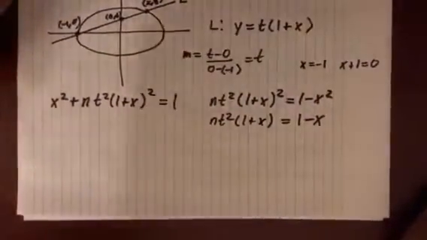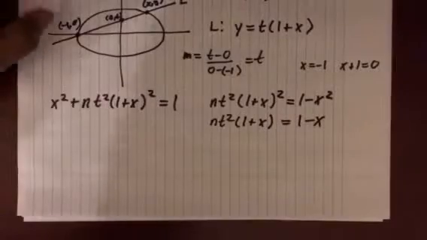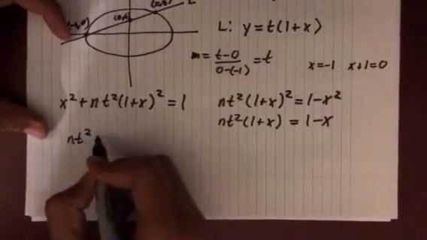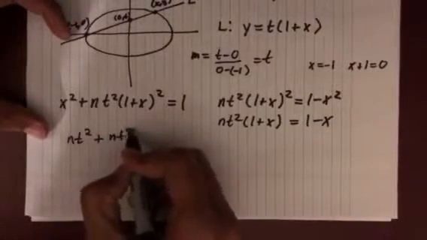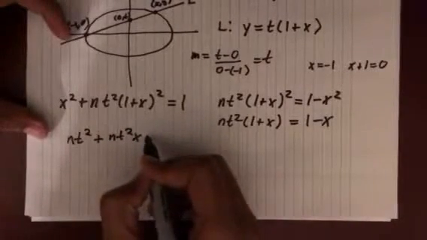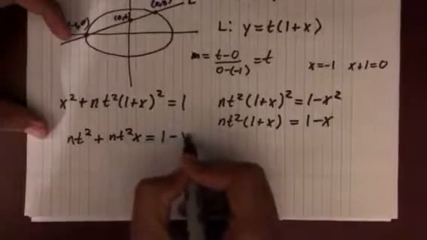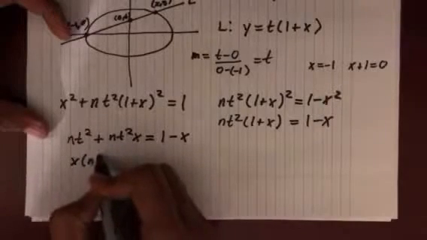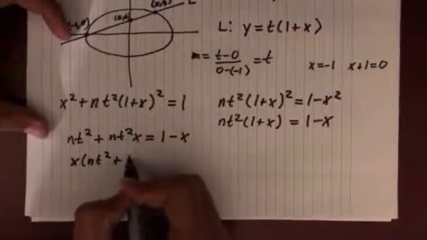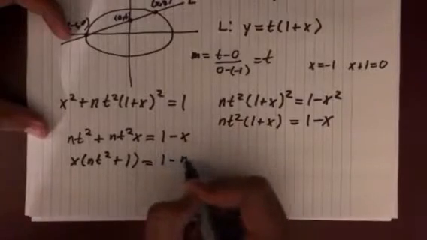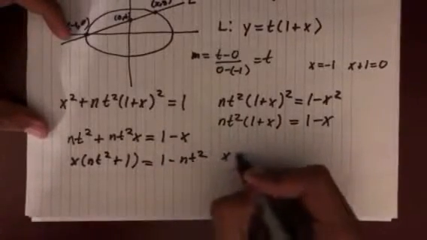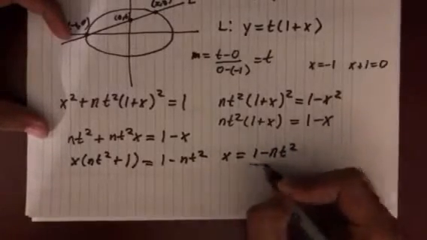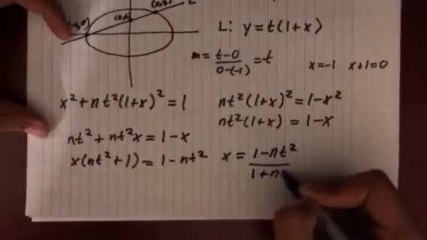So now we can solve for x, right? We have n t squared plus n t squared x equals 1 minus x. So x times (n t squared plus 1) equals 1 minus n t squared. So x equals (1 minus n t squared) over (1 plus n t squared).